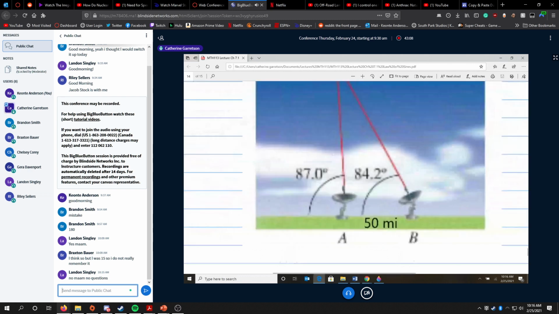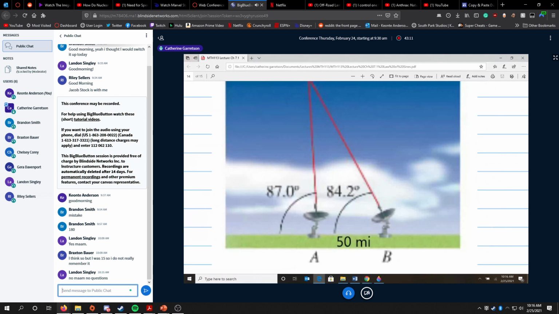This is a very common thing that they would do in surveying, where the two angles would actually both be on the left side. Once I do that, I'll know this interior angle, I'll know this interior angle, and then I still will have to find the third interior angle.